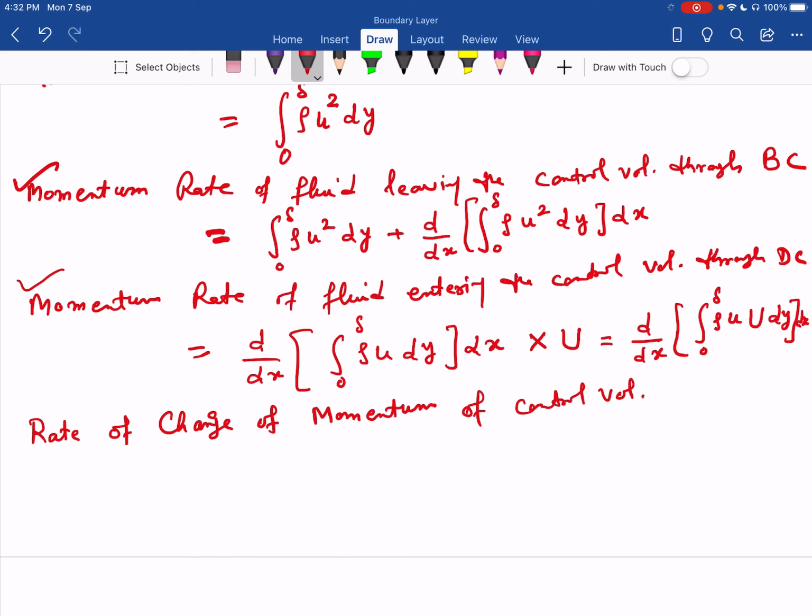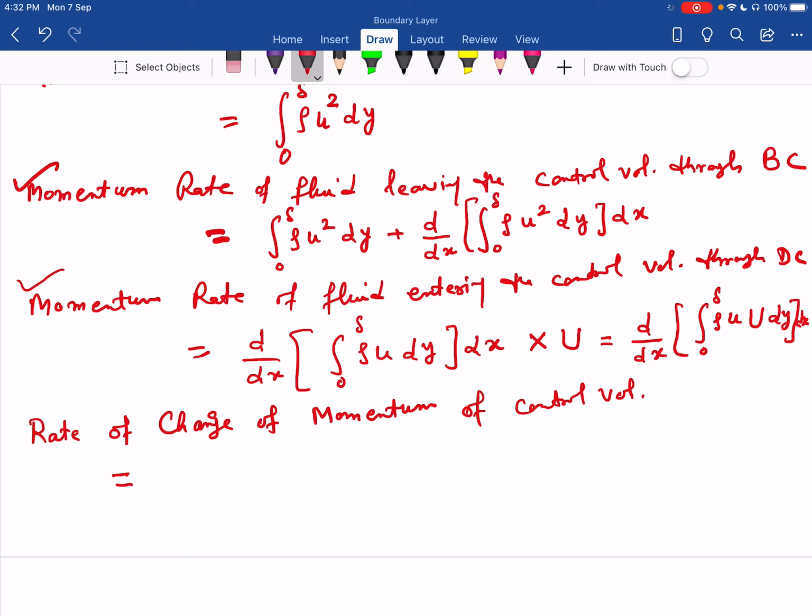So that is equal to the momentum of fluid leaving the control volume minus the momentum of fluid entering the control volume.